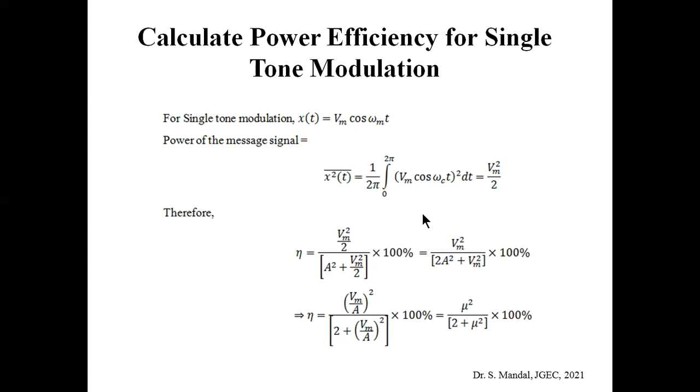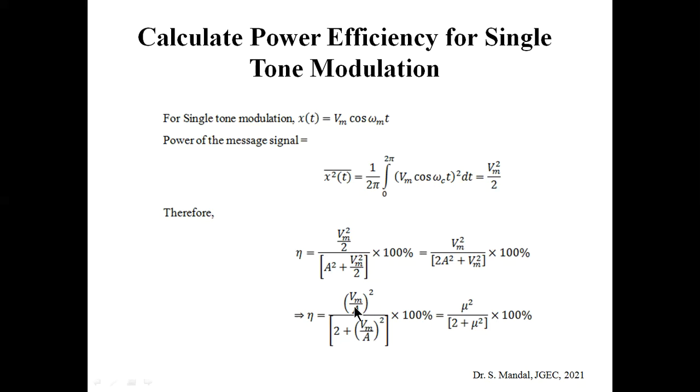Just substituting the power of the message signal in the earlier equation, we get Vm square by 2 divided by A square plus Vm square by 2. If we want to express the equation in terms of mu, we have to convert using Vm by A equal to mu.